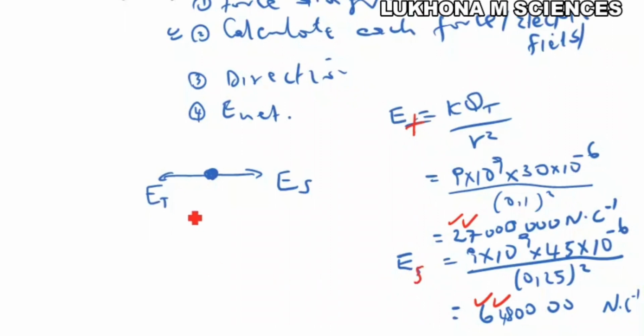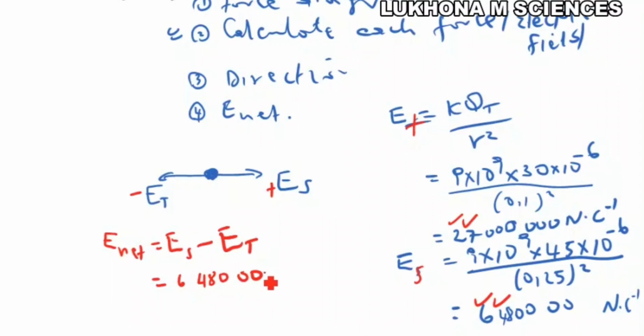Then let's take right as positive, so this one will be negative. Therefore E net will be equal to ES minus ET. So ES is 648,000, minus ET, which is 27,000,000, that is 27 million.